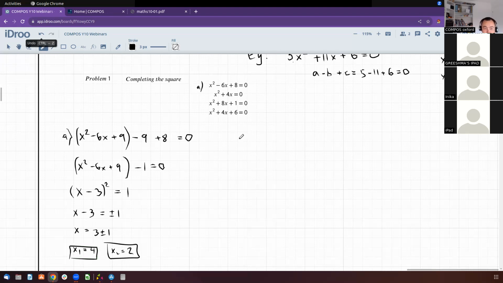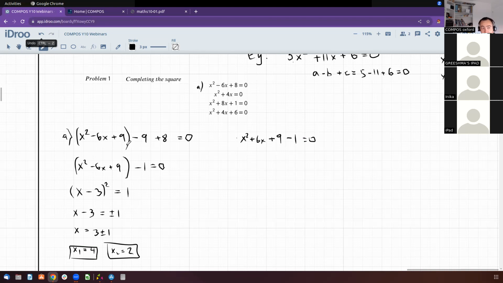Or alternatively, you can say x squared minus 6x. We need a 9, so we say plus 9. But we have plus 8, so we need to compensate. So we just write minus 1, which makes plus 8. Whichever approach is more comfortable for you, it obviously has the same result.